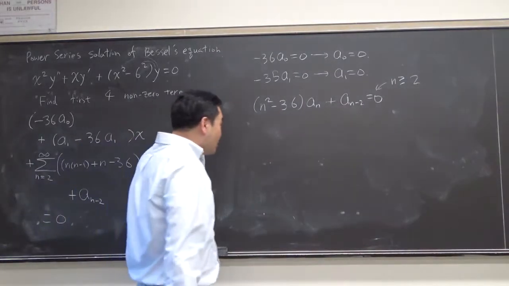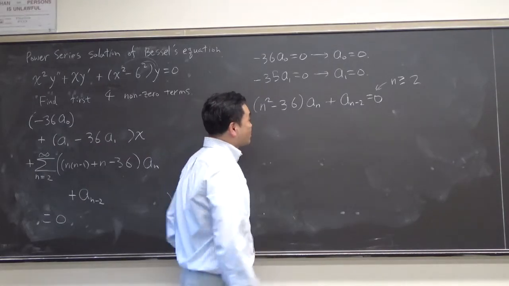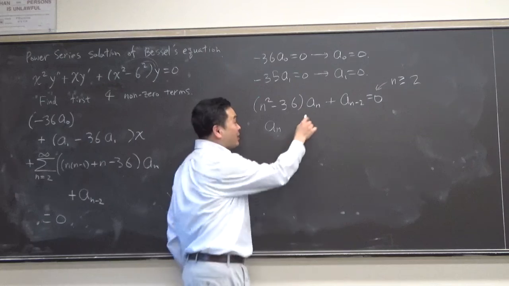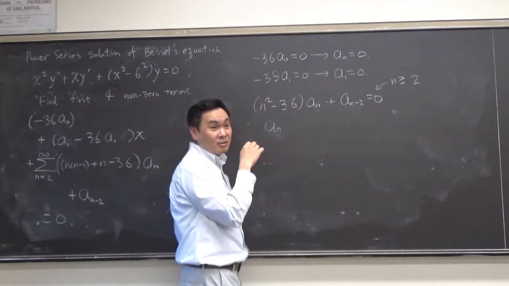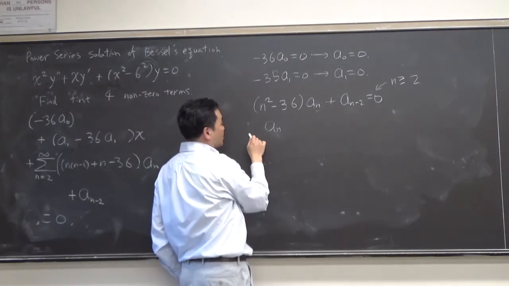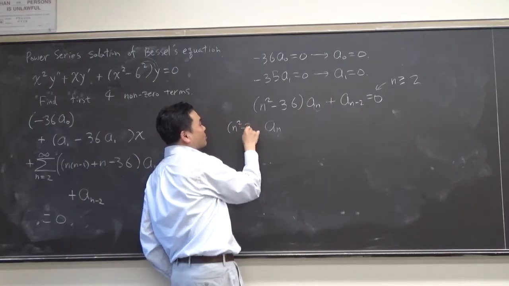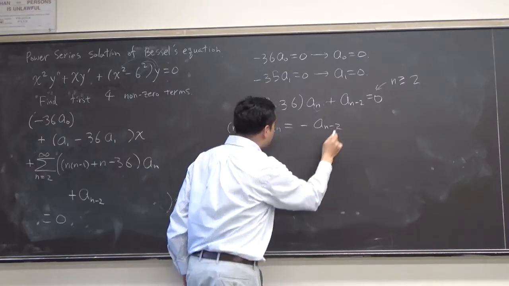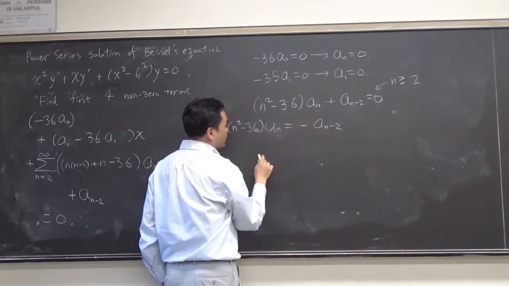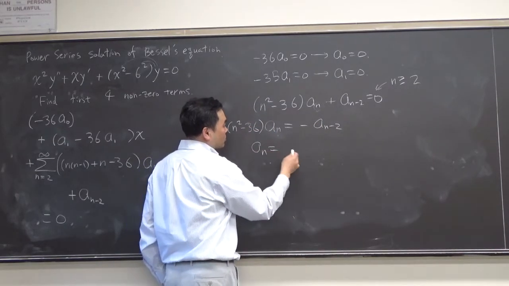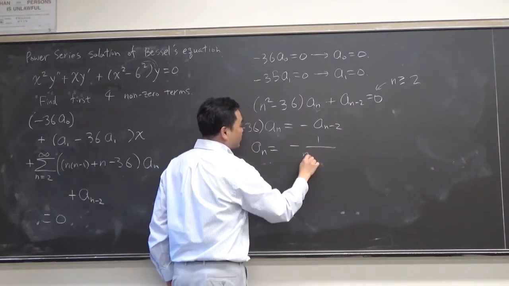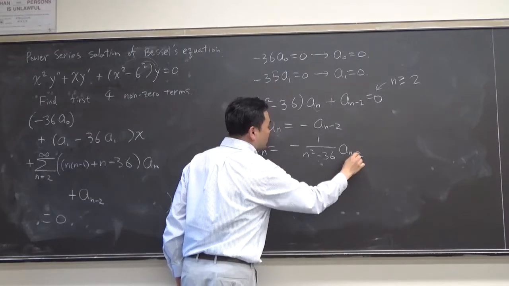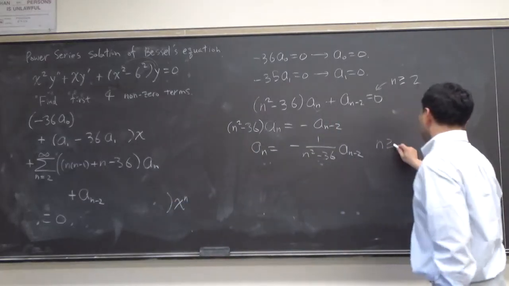Now for this one, which one do we solve for? a_n, we solve for a_n, the higher index, always, right? So we say n squared minus 36 times a_n is equal to negative a_(n minus 2). We divide, and we get a_n equals negative 1 over n squared minus 36, times a_(n minus 2), and that should be valid for n 2 or greater.